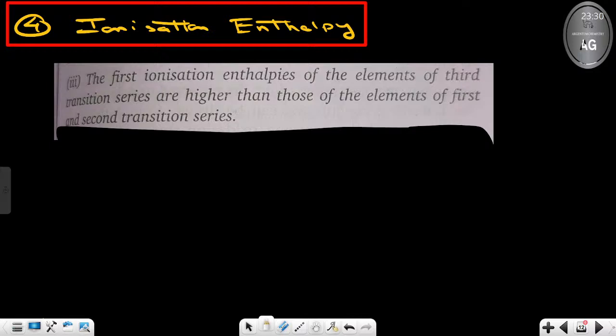What could be the reason that suddenly the IP of the third series went bigger? It should have been the minimum, because down the group IP decreases, but that is not happening. Why is it not happening? Think for some time, then I will say the answer.